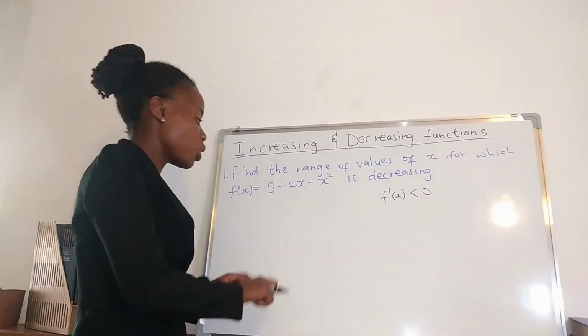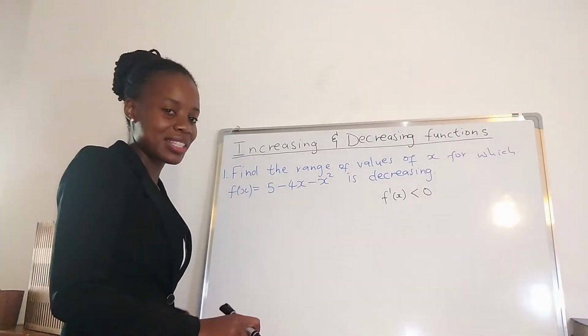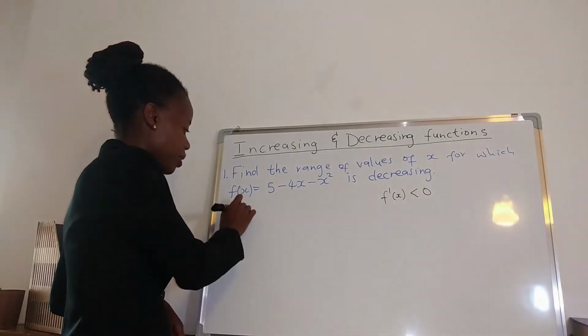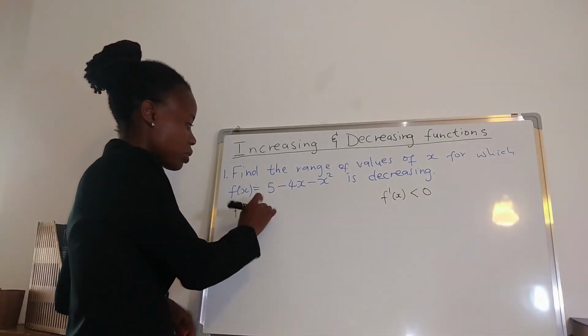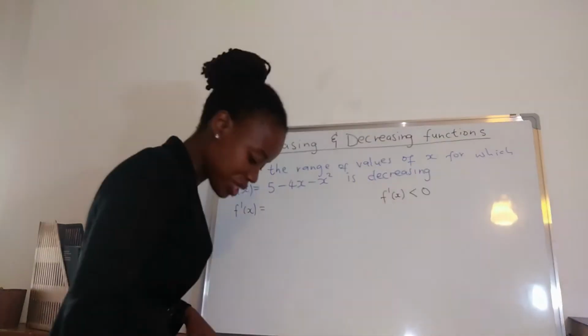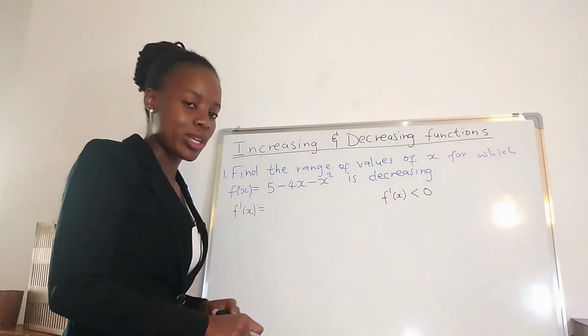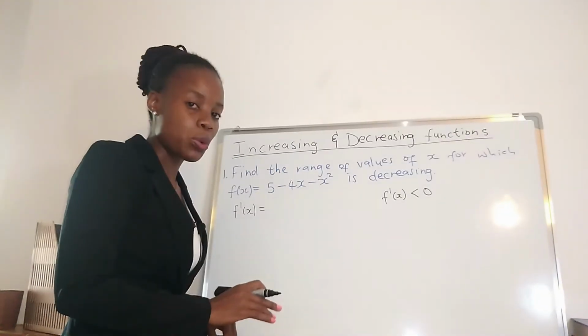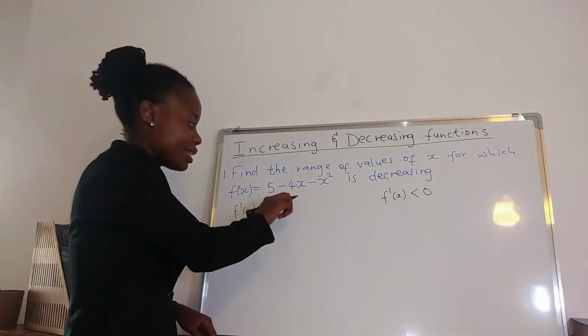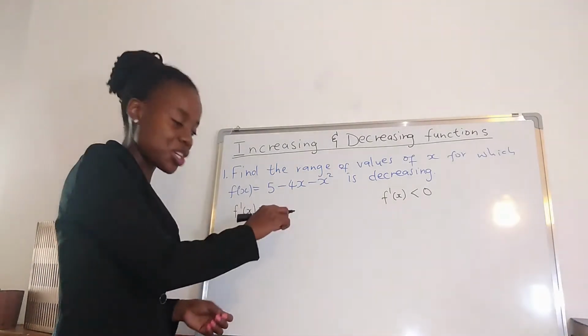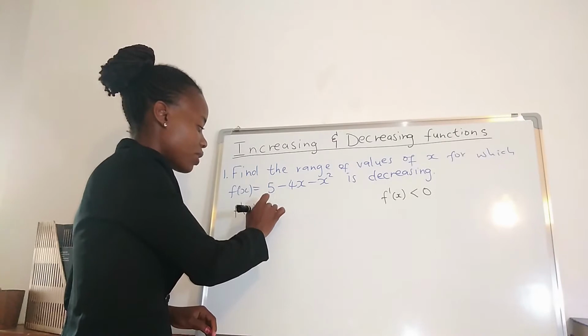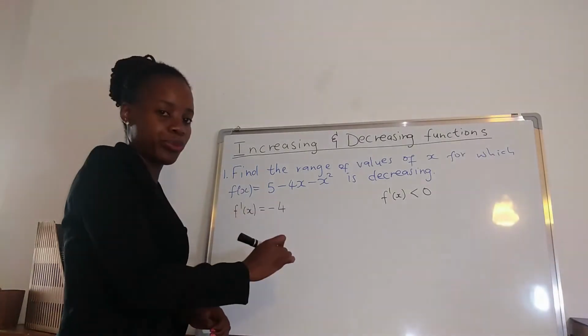So we're going to differentiate this. We have f prime x equals to, this is a constant, so when you differentiate a constant, it just vanishes. And this is negative 4x. If you differentiate negative 4x, we're going to have negative 4.